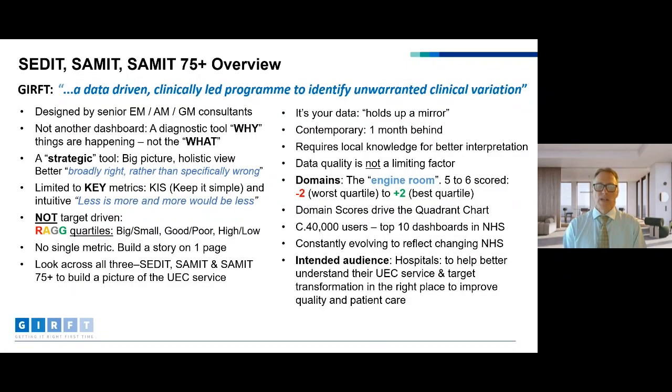So if, for example, your site records SDEC as a type 5 ECDS, you will have different scores to another site that records its SDEC zero-day activity as a non-elective admission. What we've tried to do is build the SEDIT so that data quality is not the limiting factor, and that you can then look between a number of metrics and still be able to build up a robust picture as to what's going on.